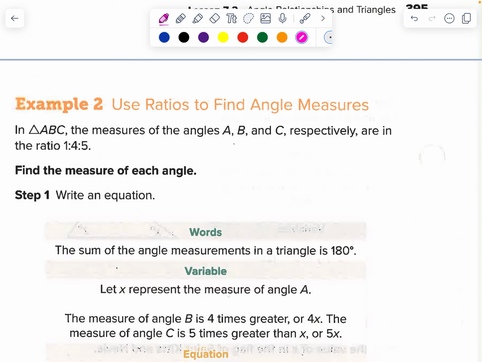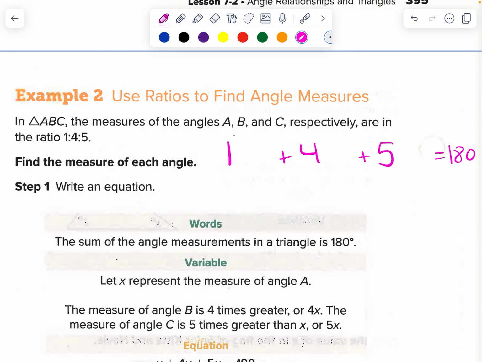In the triangle ABC, the measures of the angles A, B, C respectively are in a ratio of 1, 4, 5. Okay. So 1, 4, 5, when we add these up, are going to equal 180.